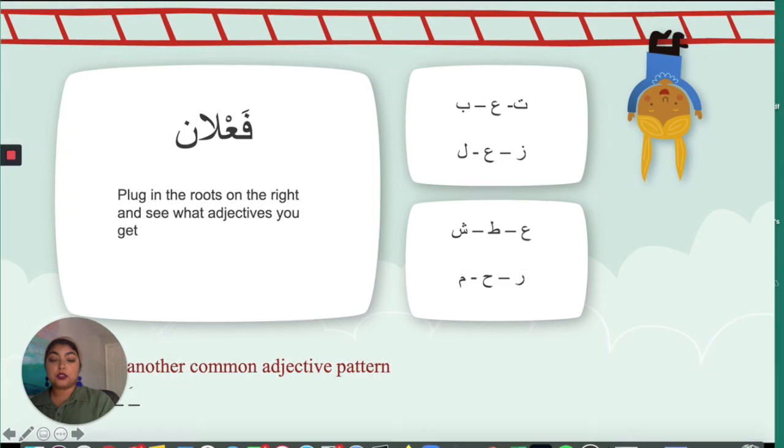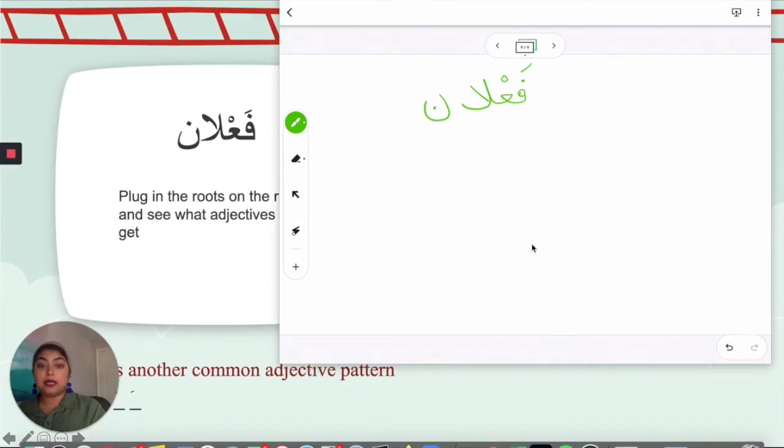So, if I switch here, we have fa'alan. Remember, we said that the fa, ayn, lam represent the first, second, and third root letter. So when you're going from al-wazn to al-kalima, from the pattern to the word, you're switching the fa, ayn, lam with the 1, 2, and 3 root letters.